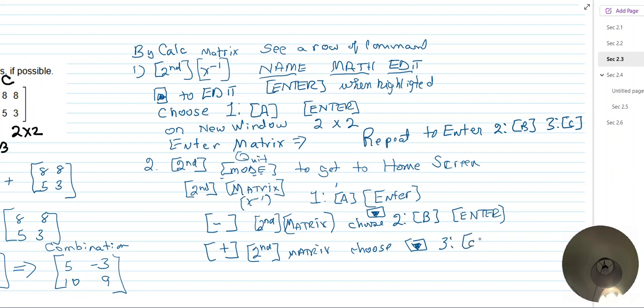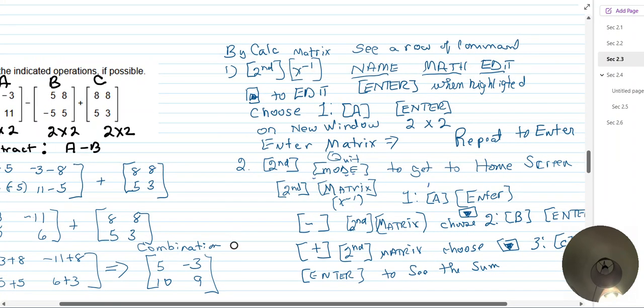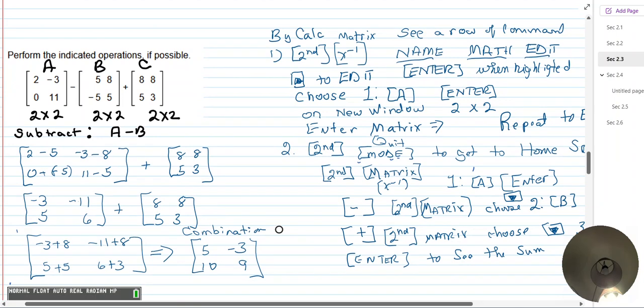For matrix C. Enter. And then we're going to enter to see the sum. And I'm saying sum, I should say combination.